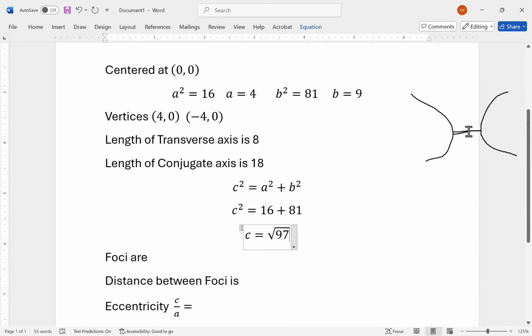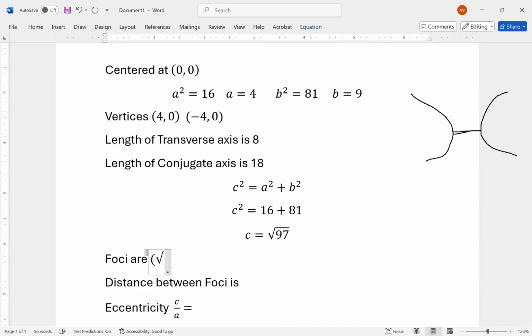To get to the foci, we have to go beyond the transverse axis, beyond the vertices. So we're moving in the X direction. The two foci are going to be the square root of 97, comma, 0, and negative square root of 97, comma, 0.